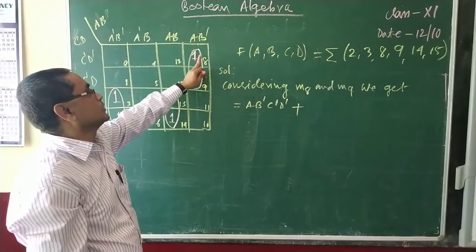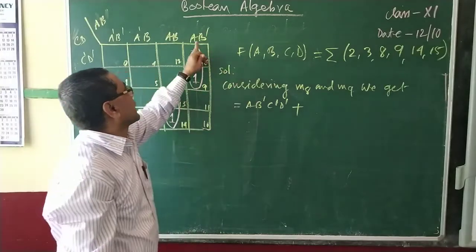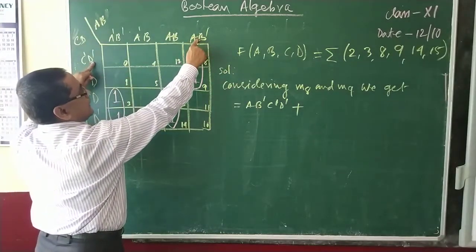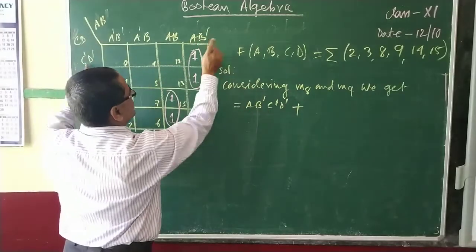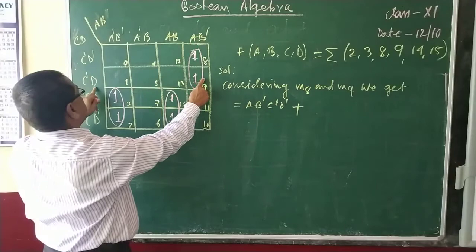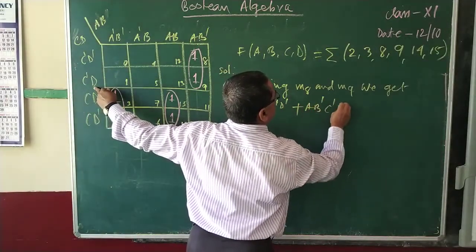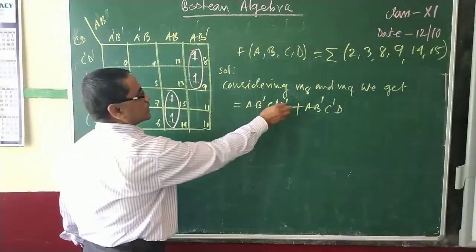Listen very carefully. As the order is ABCD, first I write A. This cell means this and this multiplication: A B complement C complement D complement. Then this one: A B complement C complement D.